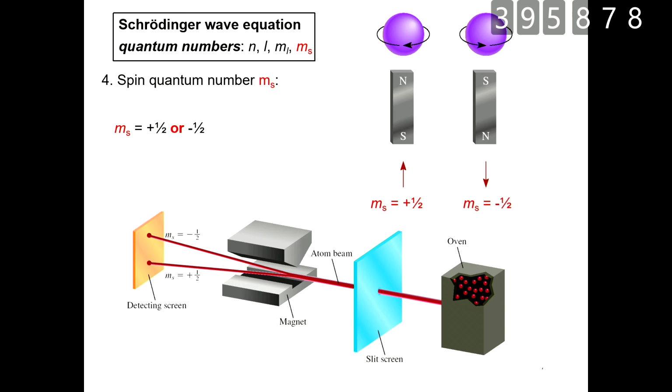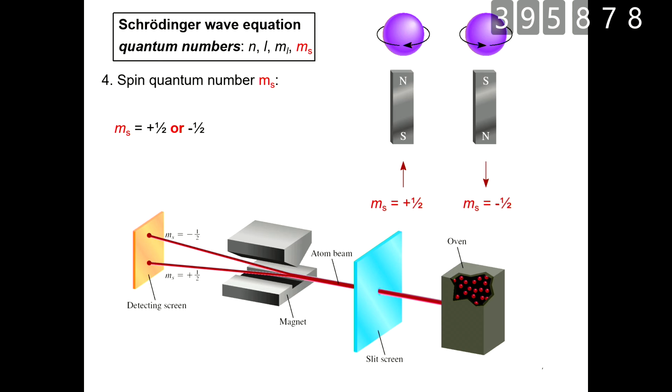So what does this mean? This means the spin direction of the electron, because each electron can spin. When it spins, it has 2 directions, right? One is this direction, or this direction. So if we write this direction, it's +half, and this one is -half.